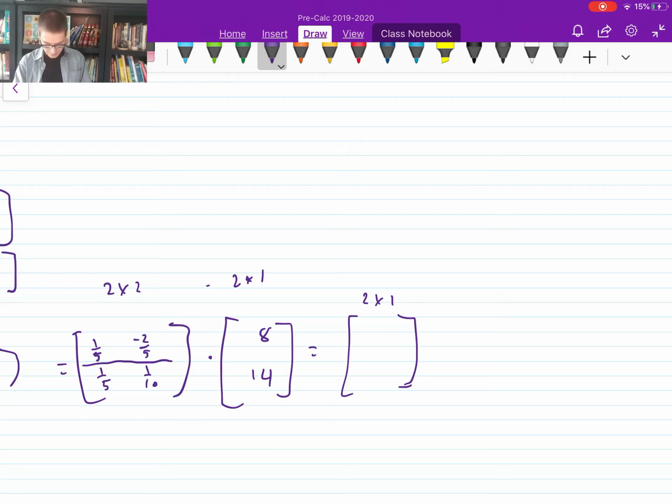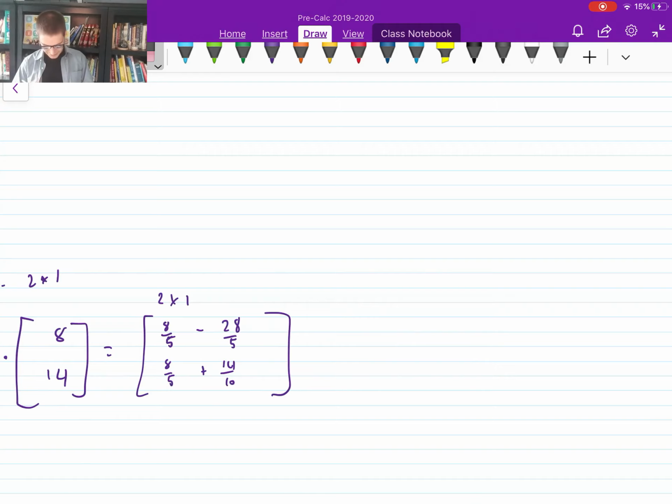So this gives us 8 fifths minus 28 over 5 for the top, and for the bottom, we have 8 fifths plus 14 over 10. Add those together, 8 minus 28 is negative 20 over 5.